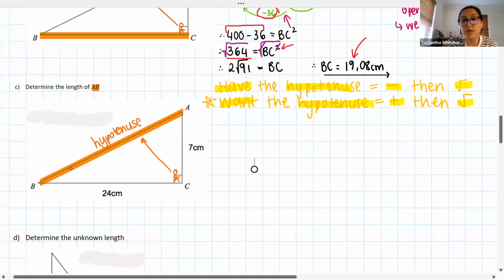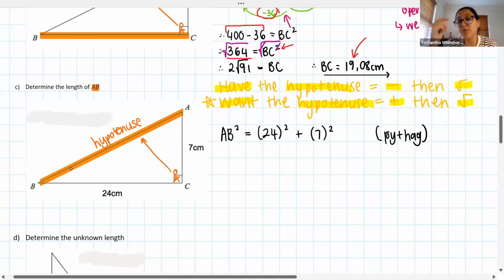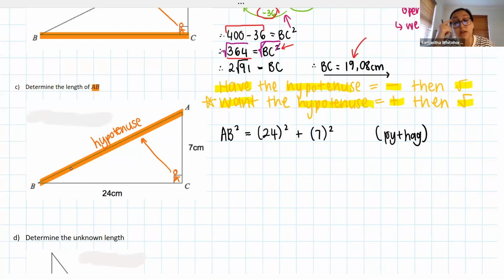So we know that we want our hypotenuse, so that would be AB squared is equal to our two other sides squared. So 24 squared plus 7 squared. Again, you don't have to use the brackets. I just use brackets to show my substitution. Also remember, I've told you this before, if you're then substituting a negative, we have to remember that a negative squared is a negative times a negative, so actually a positive.